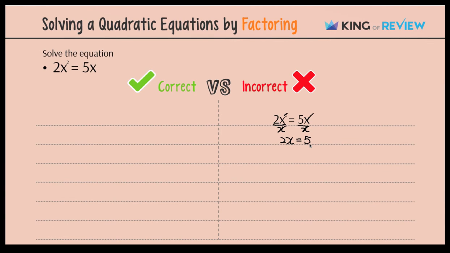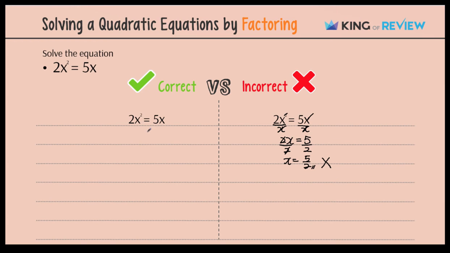Solve this equation for x. So divide both sides by 2. And this gives us x equals 5 halves. But this is incorrect.